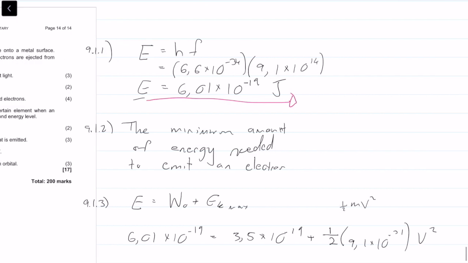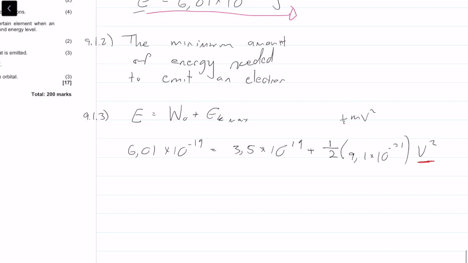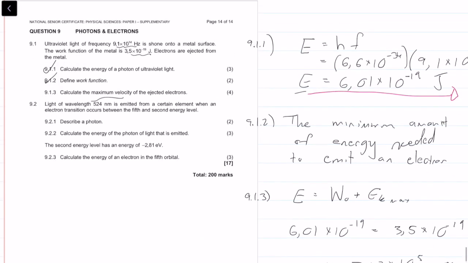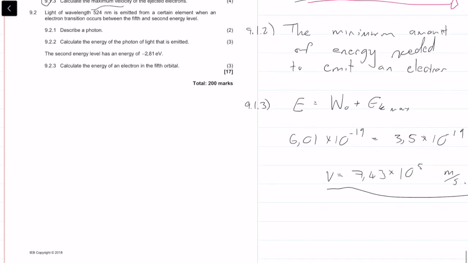The only unknown in this equation is v squared. Carrying out the calculation, we get that v is equal to 7,43 times 10 to the 5 meters per second. That's the answer, and we get ourselves 4 marks for that.